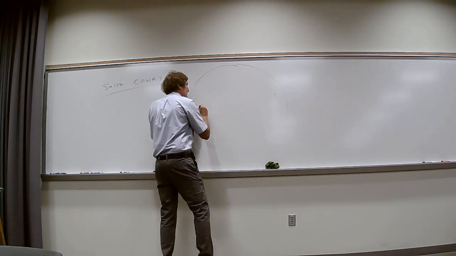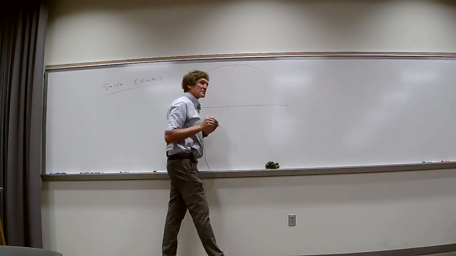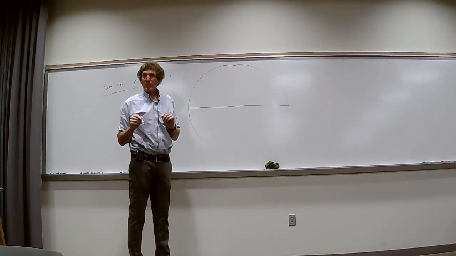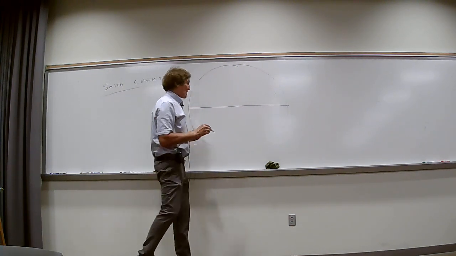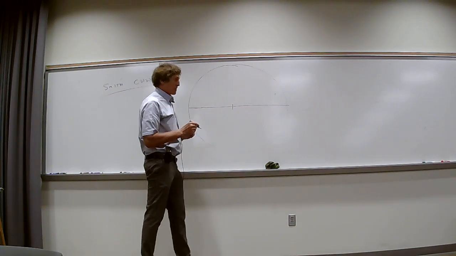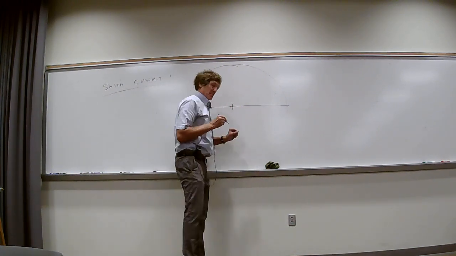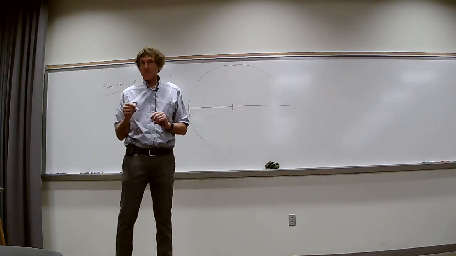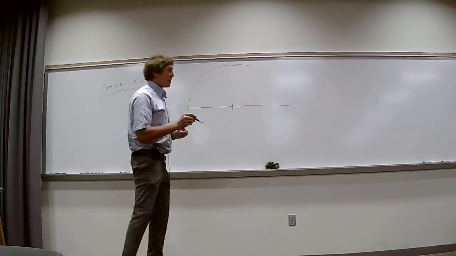Next, I put the equator in the Smith chart, a horizontal line dividing the upper and lower part. Then put a cross right there, right in the center. This is a point that will become very important in a second. Now, you're going to see circles.